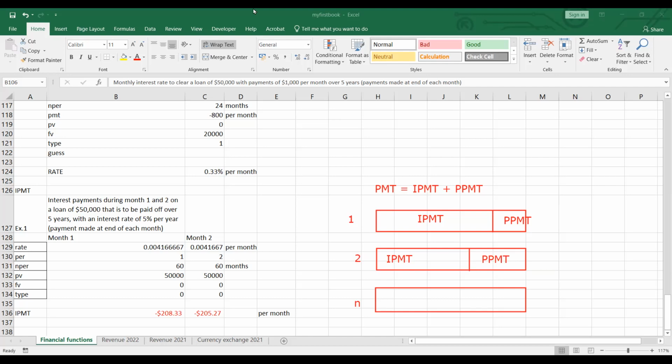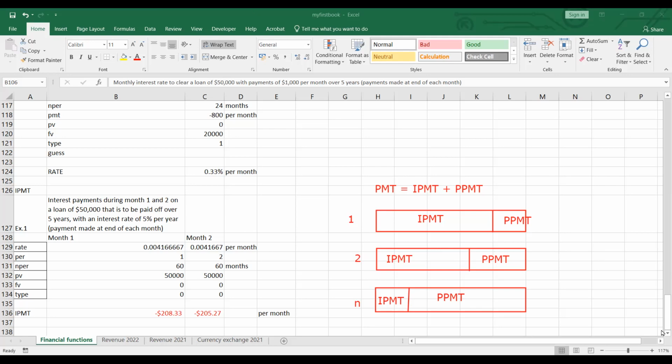And finally, for the end period, the majority of your payment in the PMT goes to the principal, and the minority of it is the interest that you pay. But anyway, when you add IPMT and PPMT together in each period, they still equal PMT.